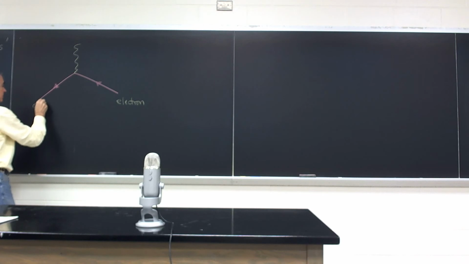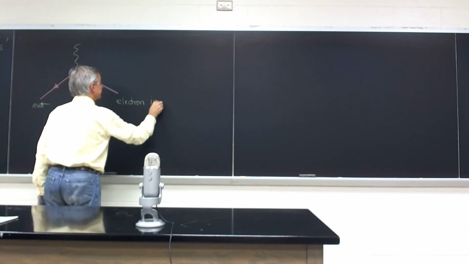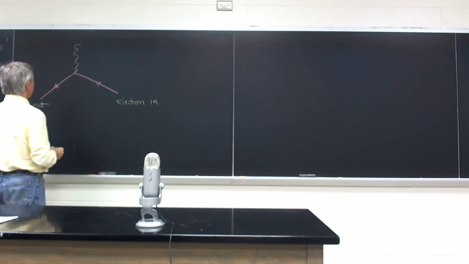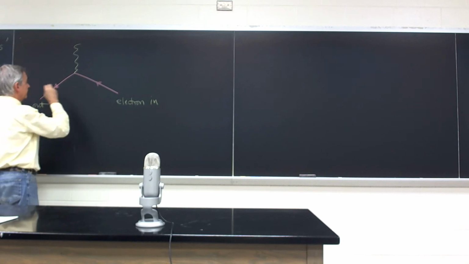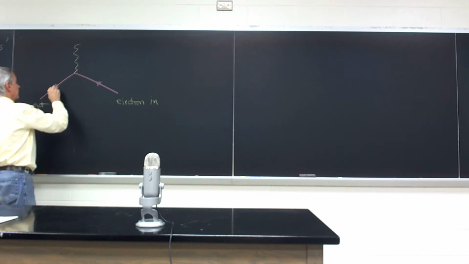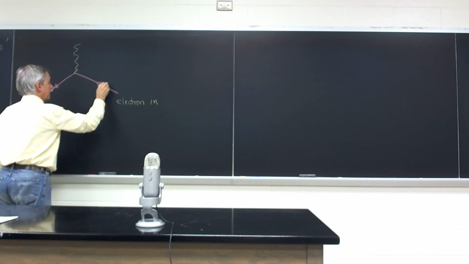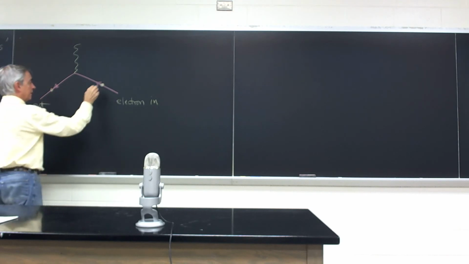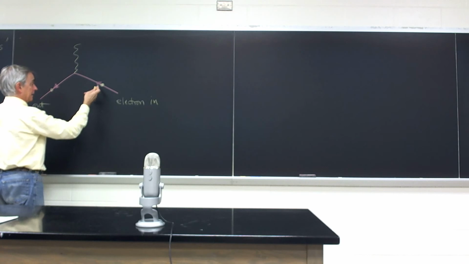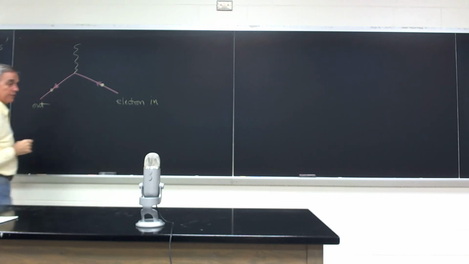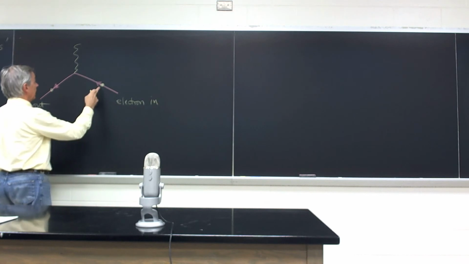And out. And the first correction is: electron emits a photon, a virtual photon, which is allowed by quantum mechanics, not allowed classically.